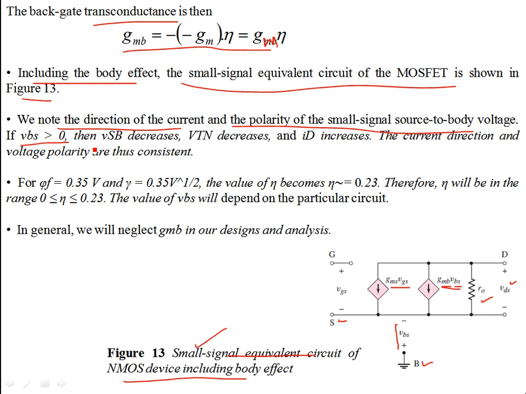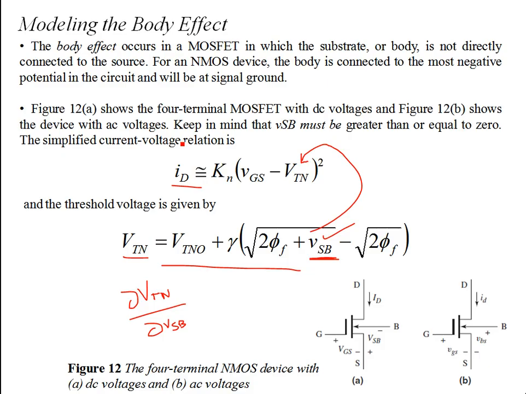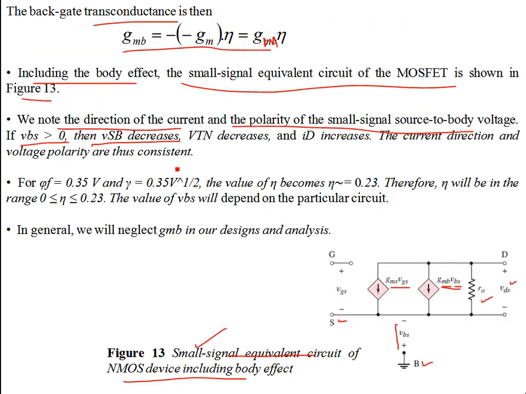Then VSB decreases, since VBS is increasing, which means VSB is decreasing. A decrease in VSB means your VTN decreases, which in turn, since VTN decreases, your ID increases. So everything is related over here. VTN decreases and ID increases. So the current direction and the voltage polarities are thus consistent.